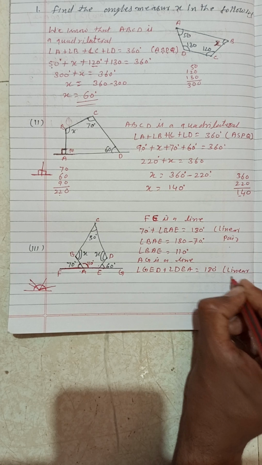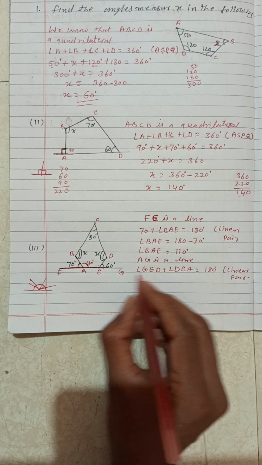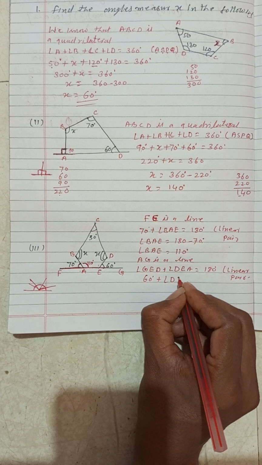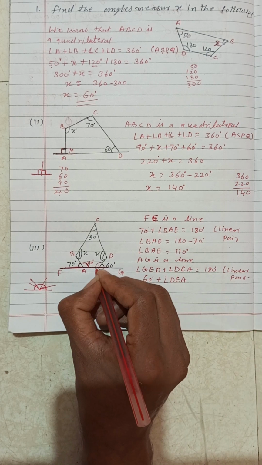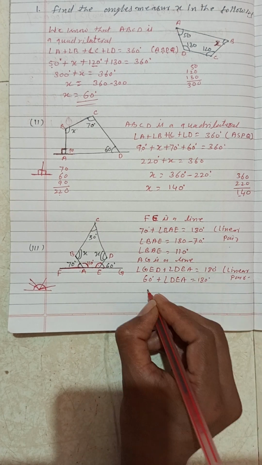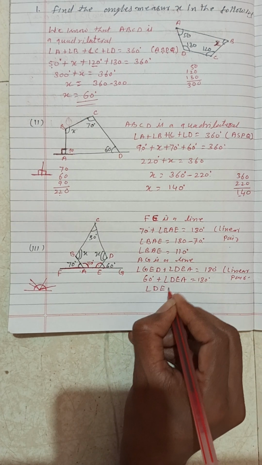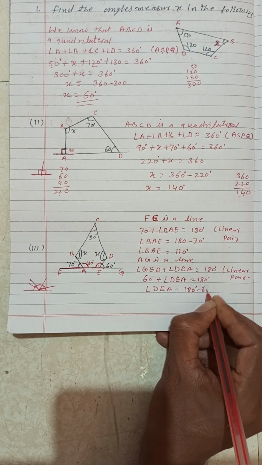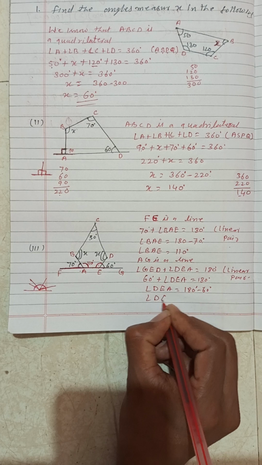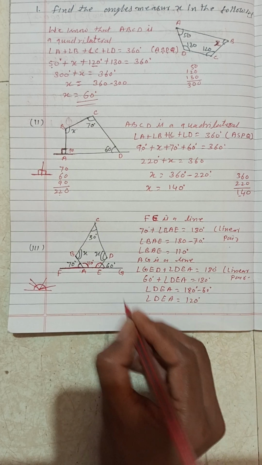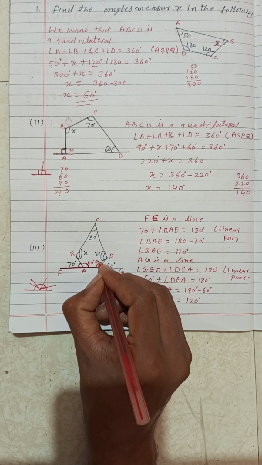This angle is given as 60 degrees, and we are going to find angle DEA. So angle DEA is equal to 180 minus 60, which is 120 degrees. This angle we got is 120 degrees.